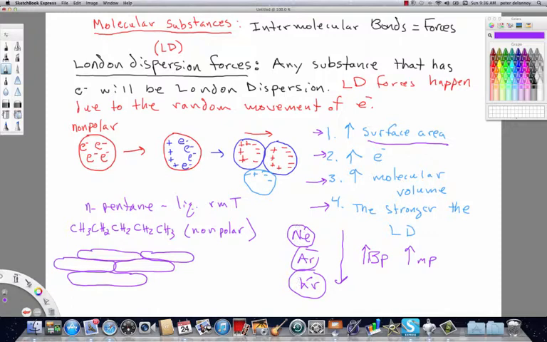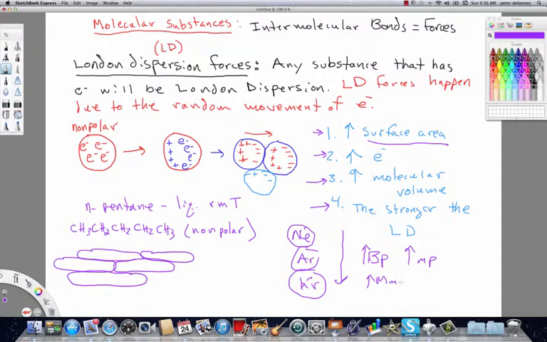Remember, these are atoms, and this trend applies directly to the physical properties of these elements, because the London dispersion forces increase as we move down this group.